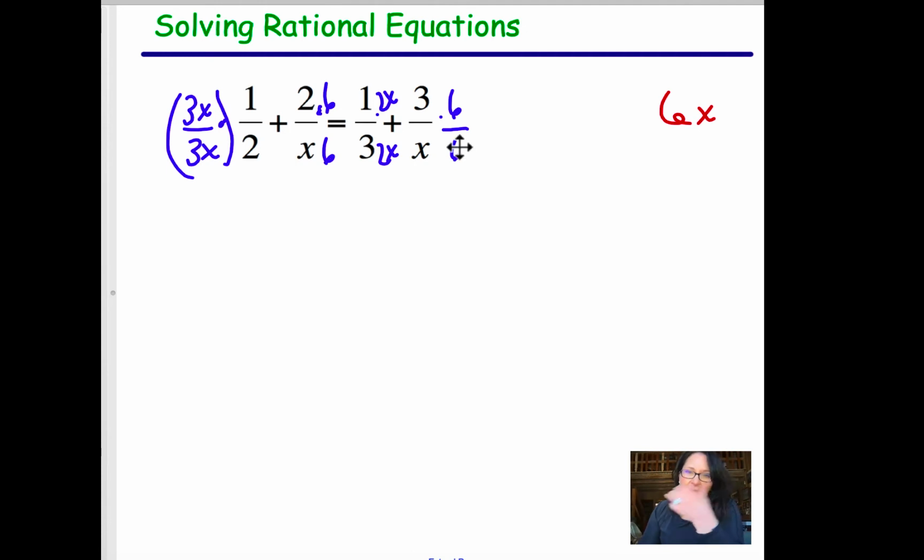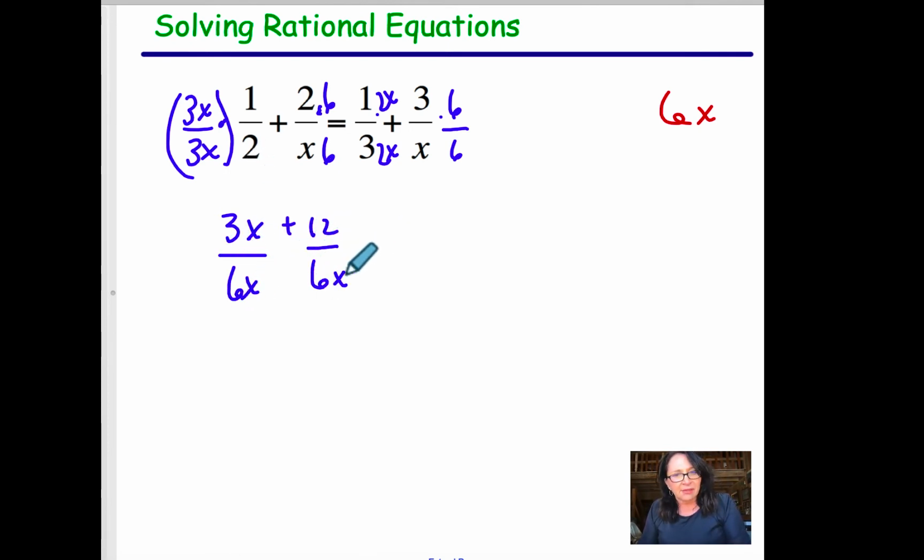So I'm multiplying by 1 across the board. I'm not changing the problem anywhere. And I'm going to end up getting a common denominator. So I've got 3x times 1, which is 3x, plus 2 times 6, which is 12. And I've got 6x on the denominator here. Equals 2x times 1 is 2x over 6x.